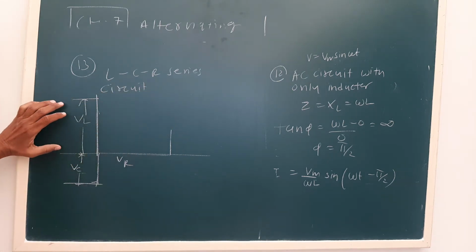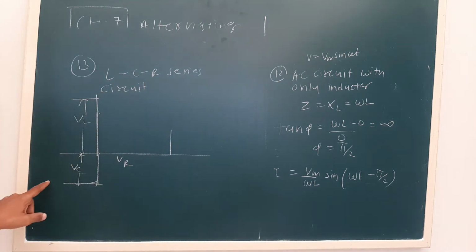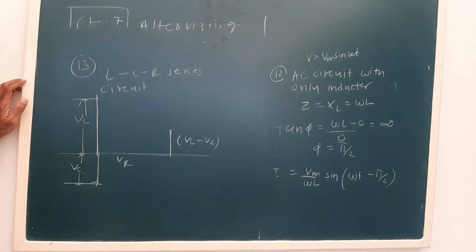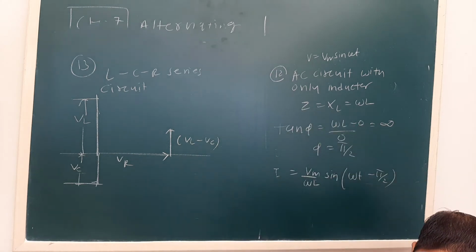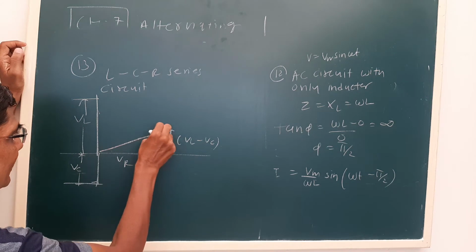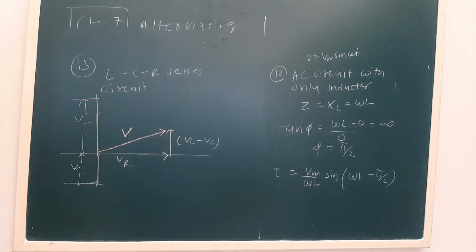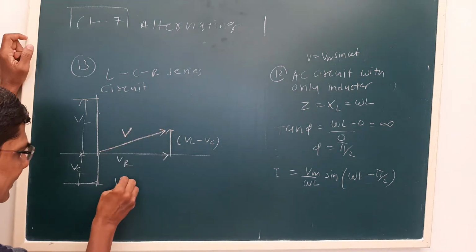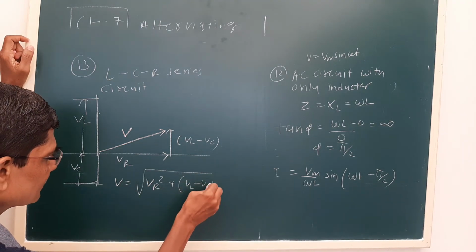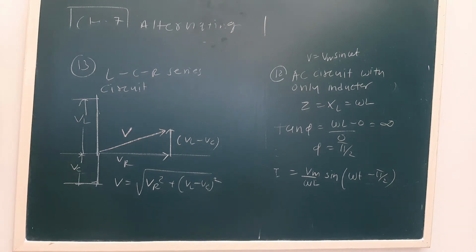So the net voltage across combination of L and C will be VL minus VC. Okay. Now we can take the help of triangle of vector addition for the phasor method. Now see, the total voltage supplied. Okay. What we have to calculate is the total voltage supplied. This is a voltage triangle. So we can write V is equal to under root VR square plus VL minus VC whole square. Okay. This is how we can obtain the value of the voltage.